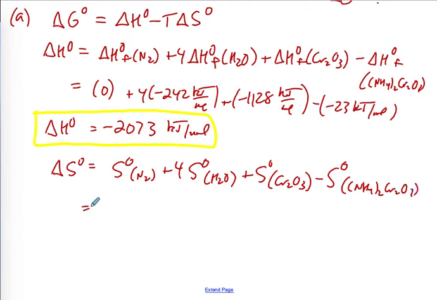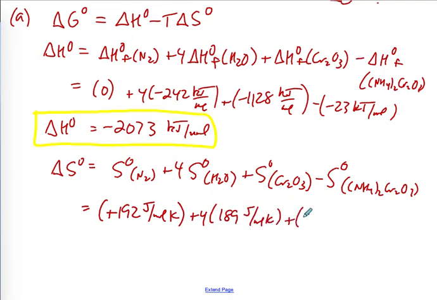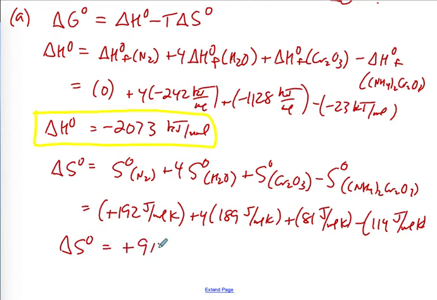Plugging in, this gives me plus 192 joules per mole Kelvin. Remember, the standard entropies of pure elements are not 0. Plus 4 times 189 joules per mole Kelvin plus 81 joules per mole Kelvin minus 114 joules per mole Kelvin. And that gives me a standard entropy change for this process of plus 915 joules per mole Kelvin.